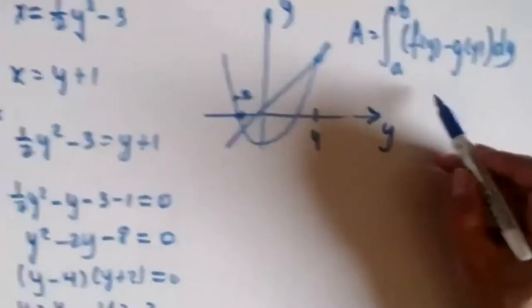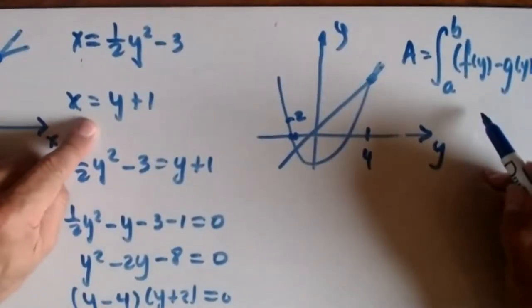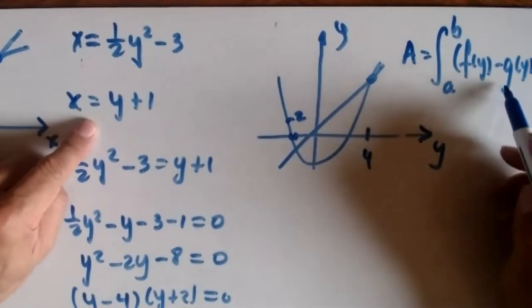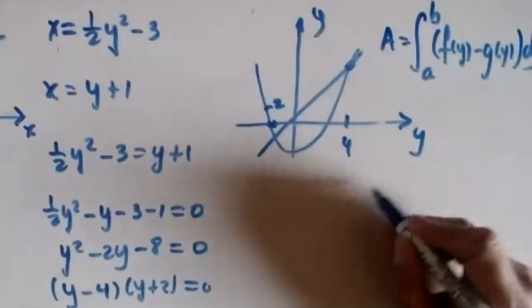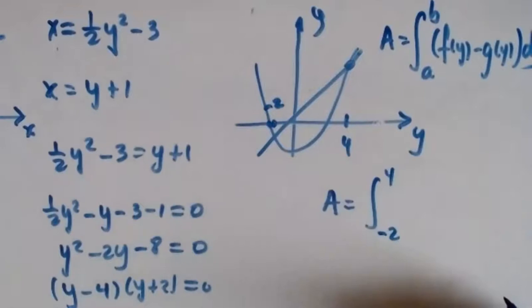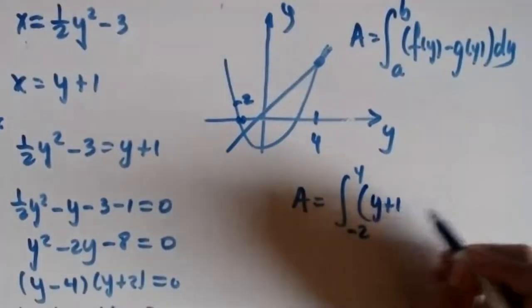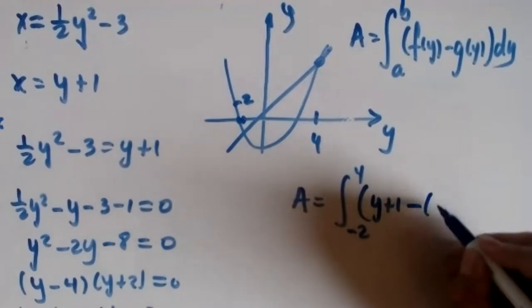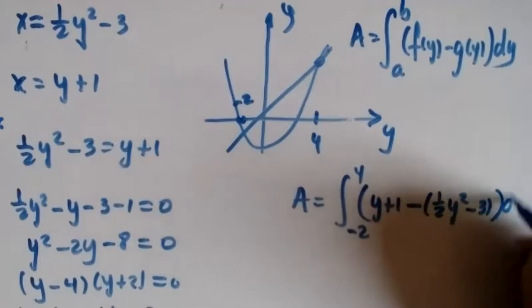F of y is the upper function, the line. G of y is the lower function, the parabola. So the area equals the integral from -2 to 4 of (y plus 1 minus (1/2 y squared minus 3)) dy.